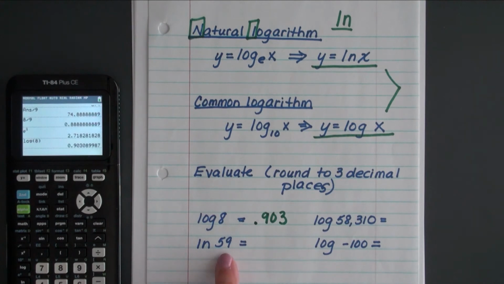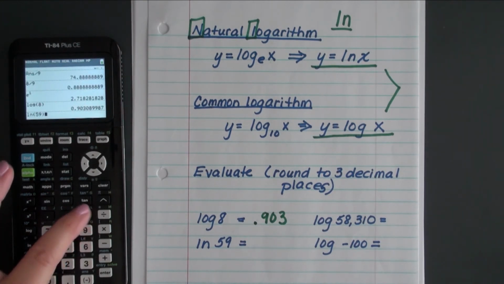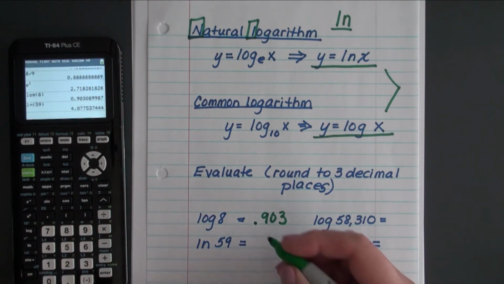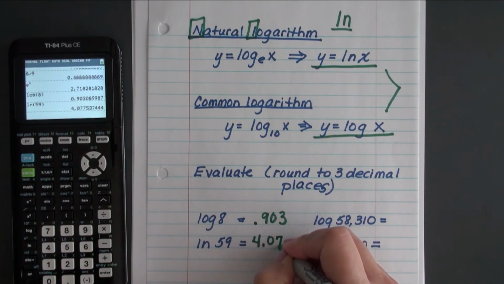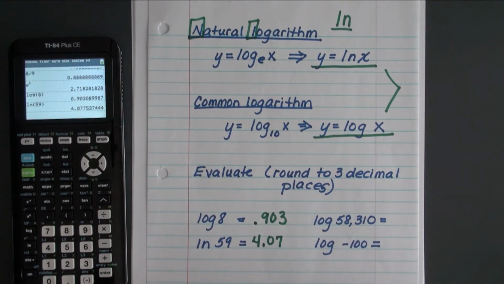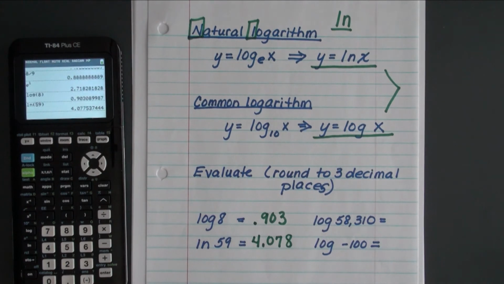Now if I ask you to find the natural log of 59, you'll press the LN button, which is right below the log button, right next to the number 4. LN of 59 is 4.07, and if I round to 3 decimal places, I would have 4.078.